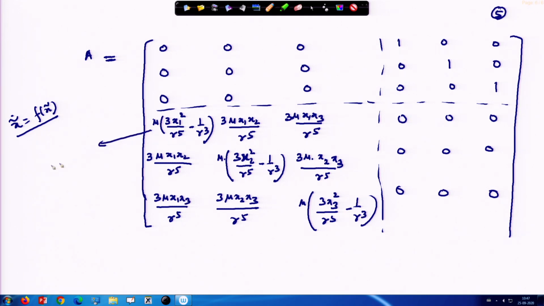And this term briefly also it can be written as mu by r to the power 5 times 3 x 1 square minus r square. So, this way also we can write, it is not a problem.